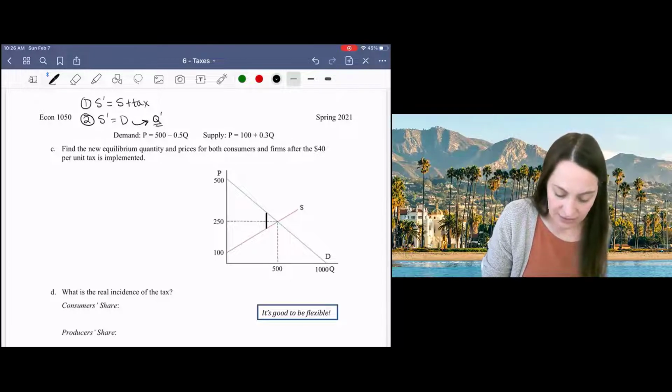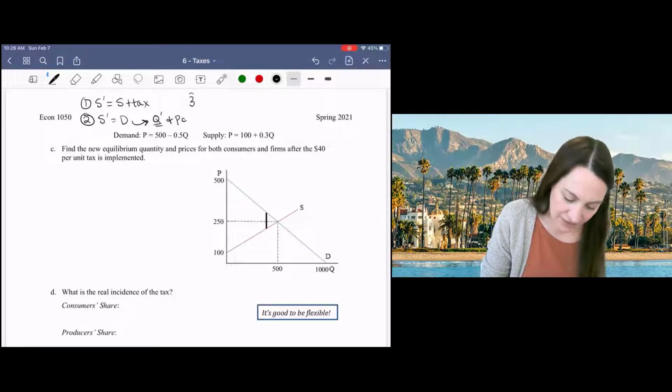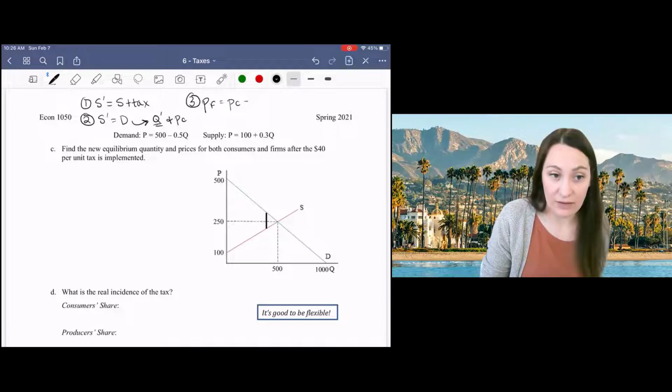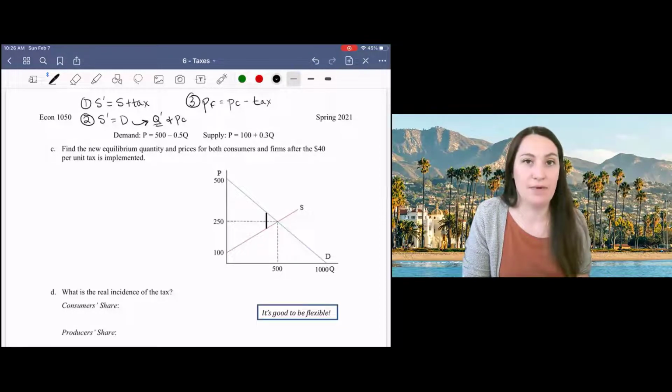Then you'll plug that in to either one of those equations to get the price for the consumer. And the third step is to find the price for the firm, which of course is equal to the amount the consumer pays minus the amount of the tax.